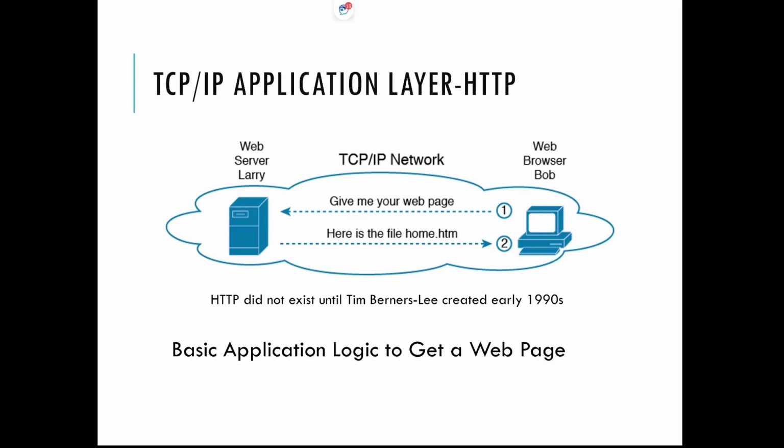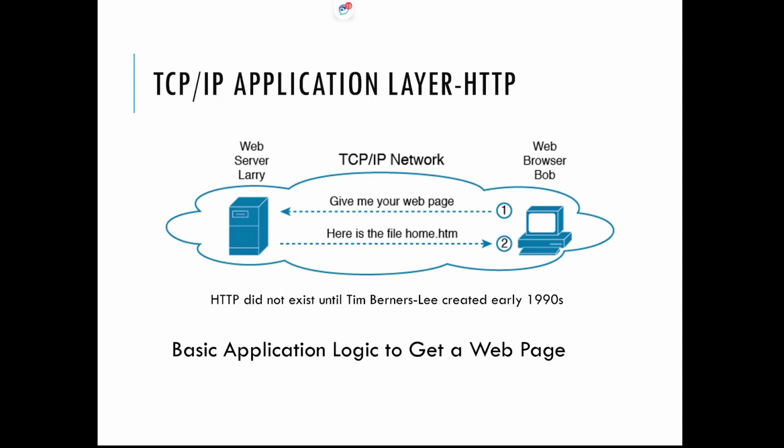What is the TCP/IP application layer? The TCP/IP application layer protocols provide services to the application software running on a computer. So it's like web browsers and web servers, right? We will go into that later on. The application layer does not define the application itself, but it defines the services that the application needs.